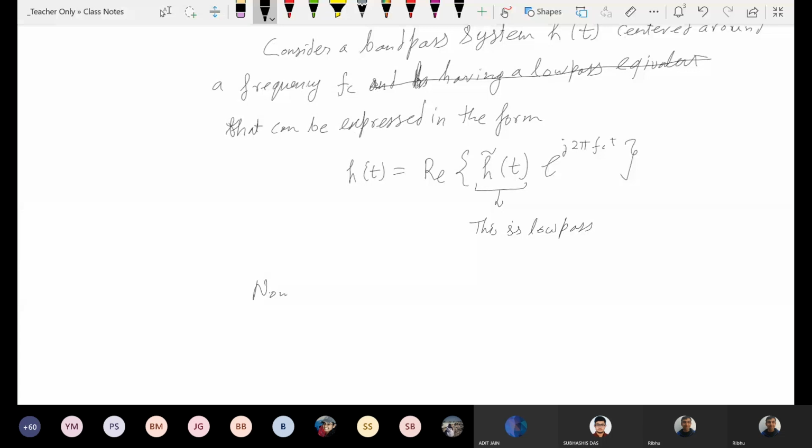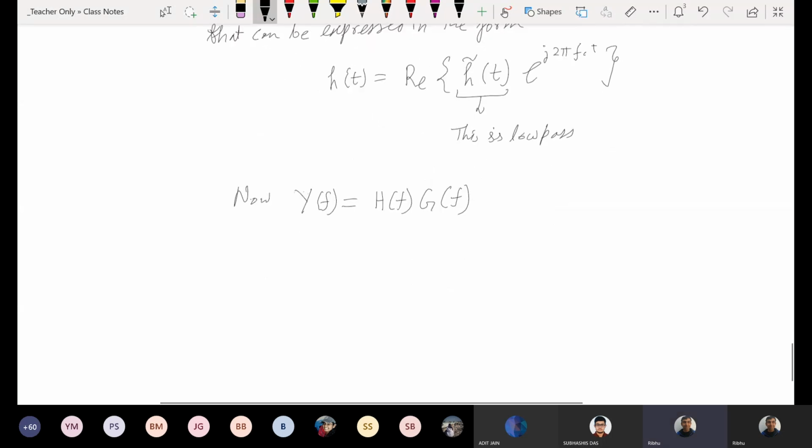Now yf equals hf gf, right, for an input signal.